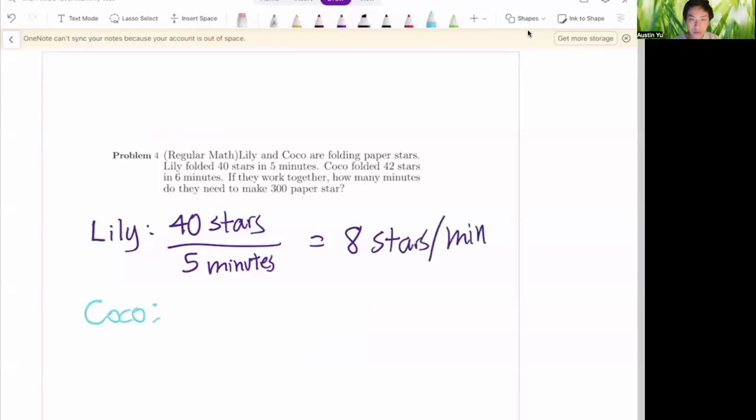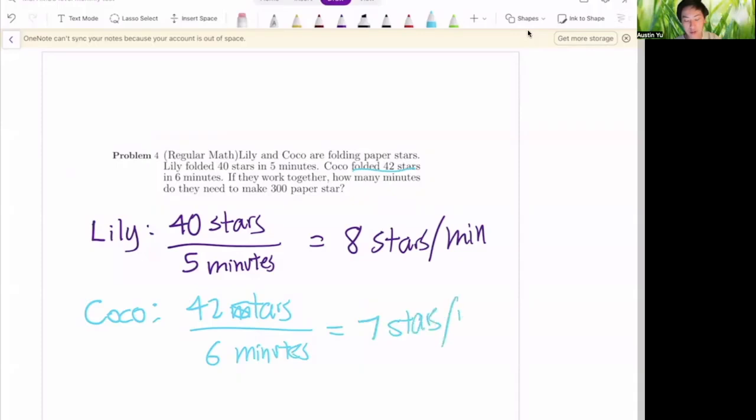Coco. Coco folded 42 stars in 6 minutes, which means that 42 stars divided by 6 minutes equals 7 stars a minute.